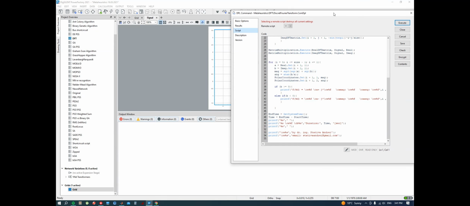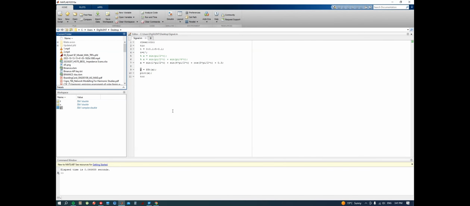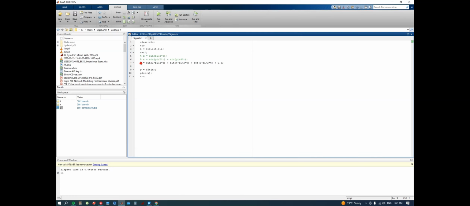Further, we are going to demonstrate the efficiency of our algorithm in DIgSILENT against the one from Matlab. So I wrote a very small script in Matlab, in which we have the equation for a signal, which is going to be represented in a finite interval from 0 to 5 with discrete steps of 0.1.